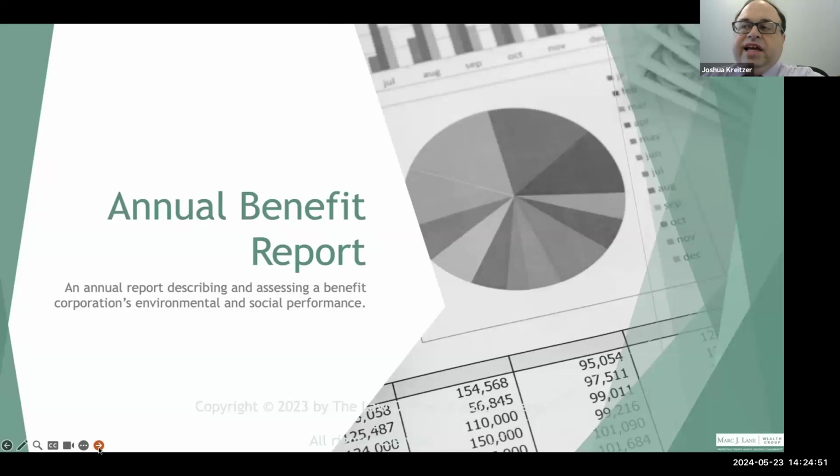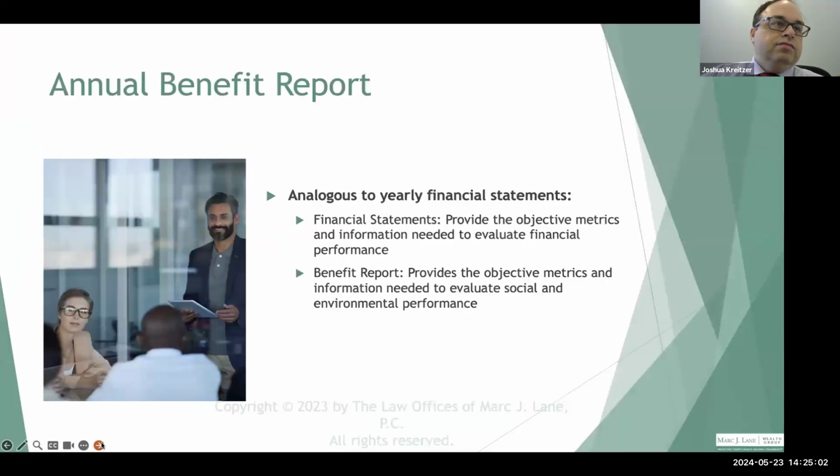And we'll also talk about the annual benefit report. This is an annual report that describes and assesses a benefit corporation's environmental and social performance. It is somewhat analogous to annual financial statements, because financial statements provide the objective metrics and information needed to evaluate financial performance, and they can be used by shareholders to evaluate management success in achieving financial goals, and by potential investors to evaluate financial performance of the company.